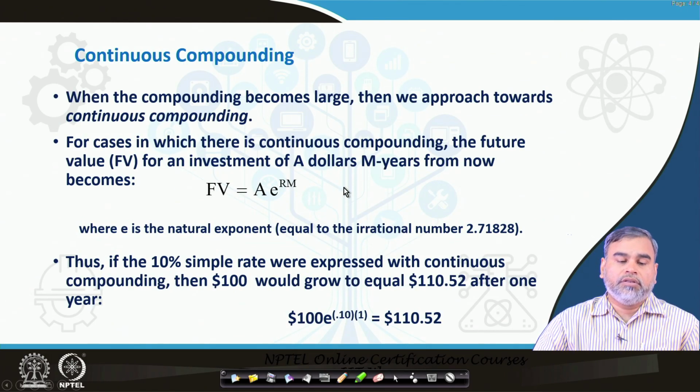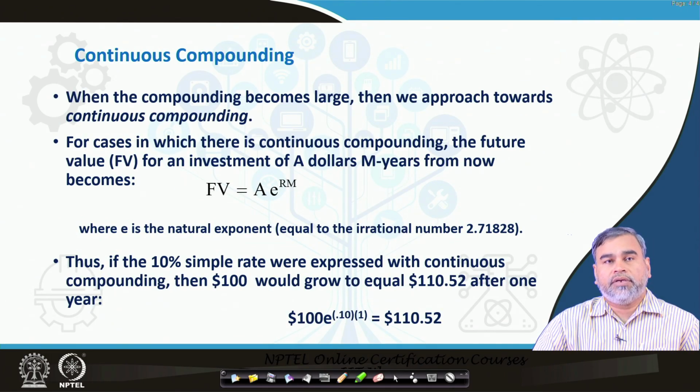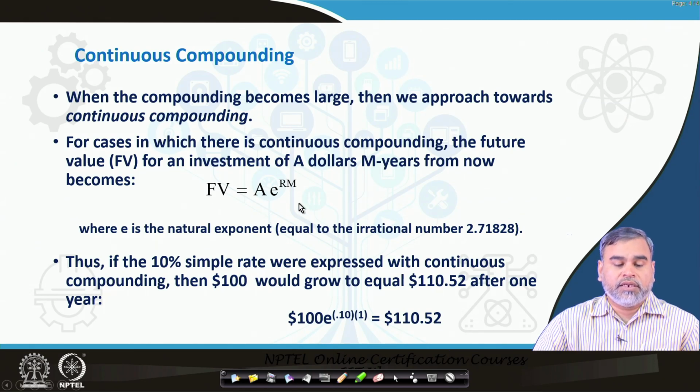But when the compounding frequency becomes very large, we can go towards continuous compounding. In this case, the future value of the money you have deposited or borrowed is calculated in a different way.